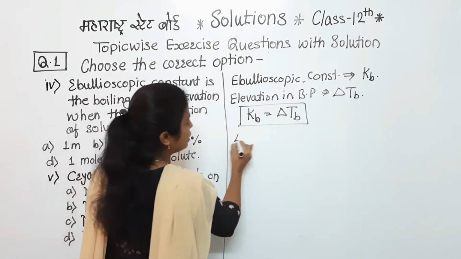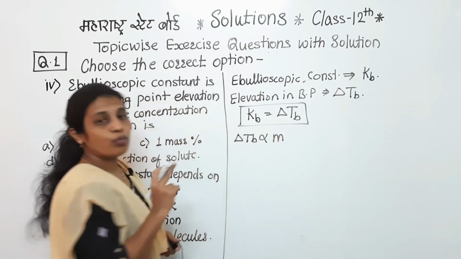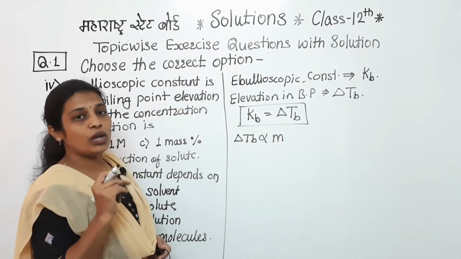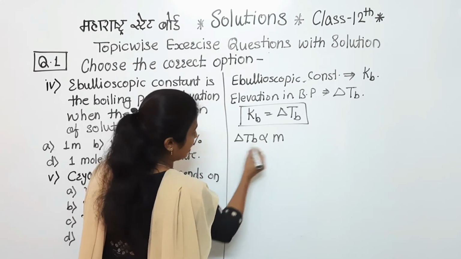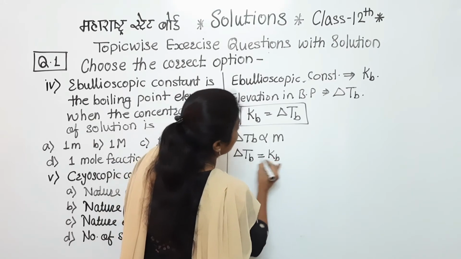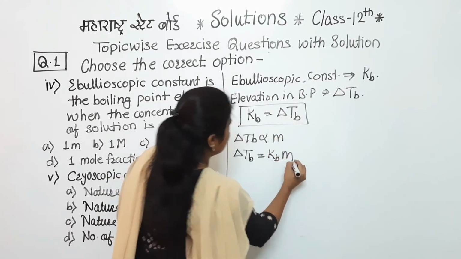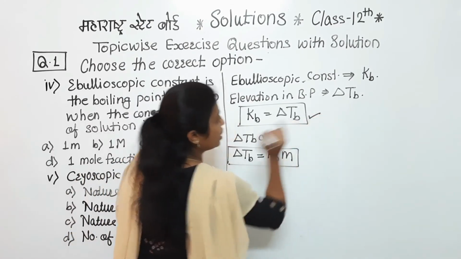Firstly we should know the relation between them. Delta Tb is directly proportional to the molality. If we remove the proportionality sign, then we have to take one constant, and that constant is the ebullioscopic constant. So this is the relation. Now the question is when such a condition will be there.